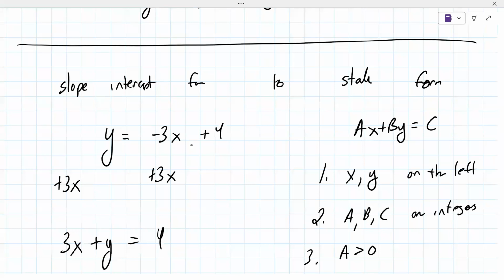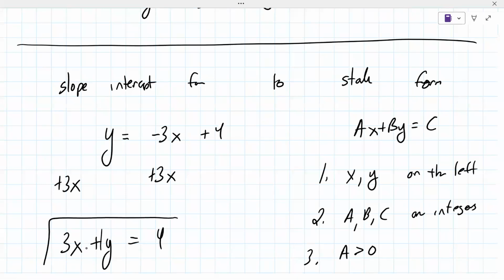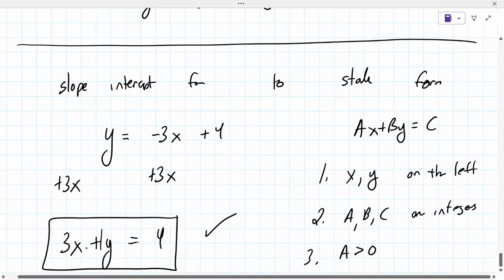Yeah. Okay, so does this check the boxes? Are the variables on the left? Yeah, they are. Are the numbers in front of x and y integers? Uh-huh. And is the number in front of x greater than zero? Yeah. So we got it, we're done. Now you might think, that's not too bad, I can do all these problems.